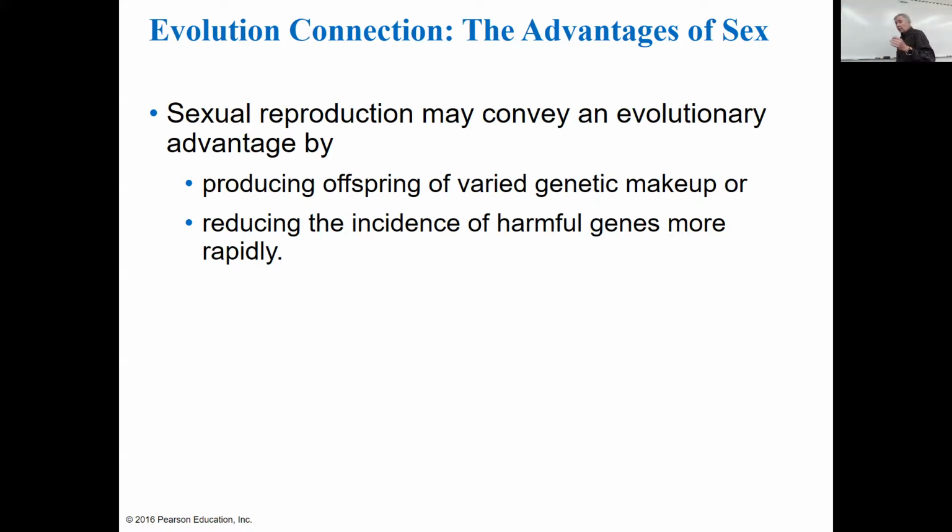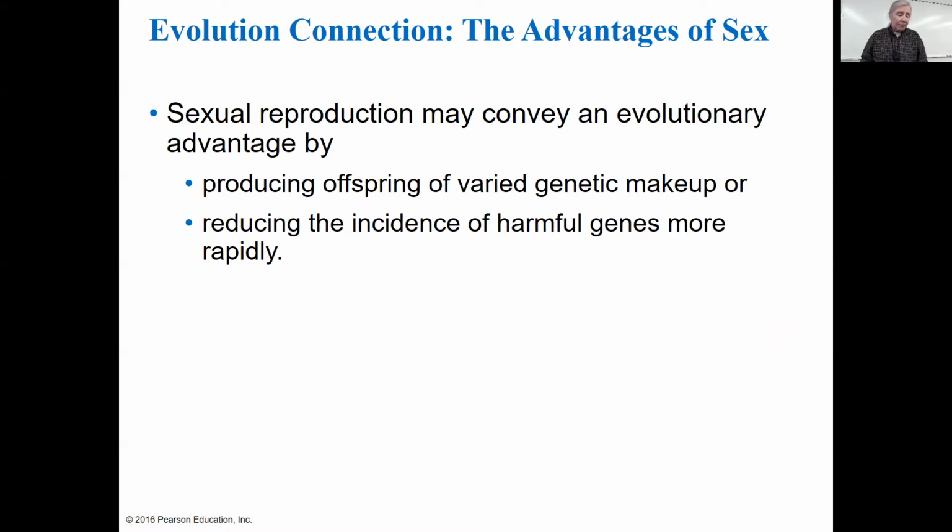It's to keep ahead of our pathogens and reduce the incidence of harmful genes more rapidly, because a lot of mutations lead to defective genes, or harmful genes that lead to genetic diseases. And most of them, fortunately, are what's called recessive. We're going to get to that when we talk about genetics, how if it's recessive, you need 2 copies of the gene to have that condition.